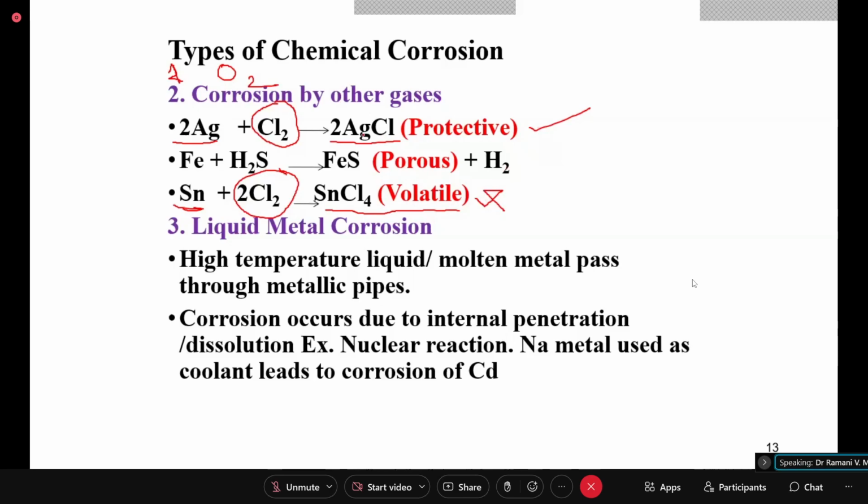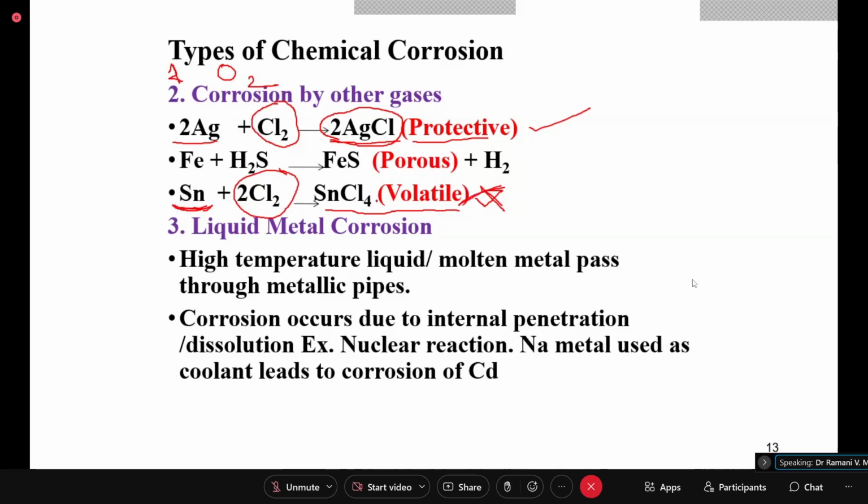So when silver is attacked by halogen, it leads to a product which is stable and protective in nature. But when tin is attacked by halogen, it leads to formation of a product which is volatile in nature, and therefore it is no more protective.